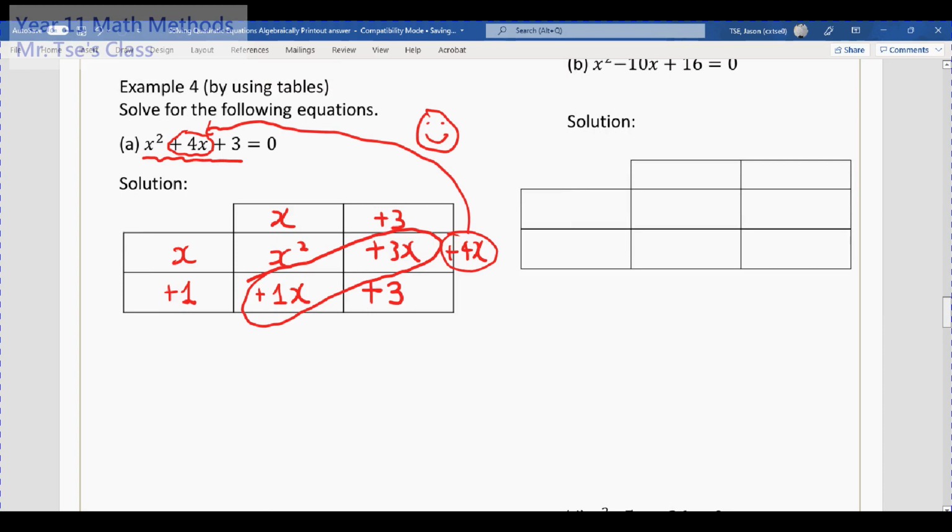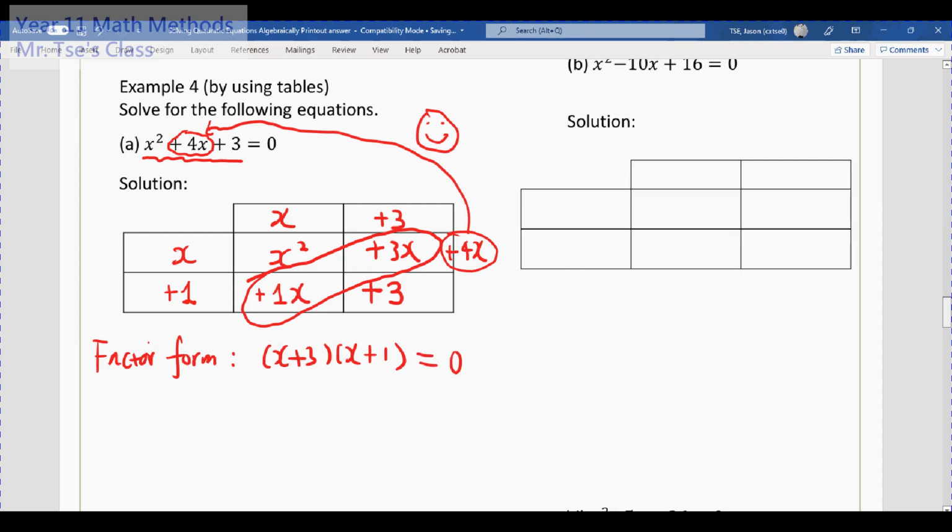Okay, so when that table works, that means the first row and first column are the factors you are looking for, right? So that's why I could do the factorization, the factor form. I'm going to have the factor form in terms of x plus 3 times x plus 1. So there are 2 factors, the first row and first column, times 0.